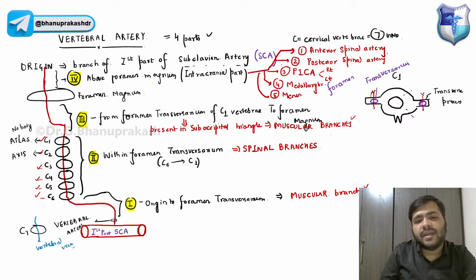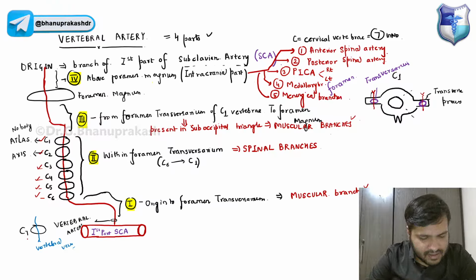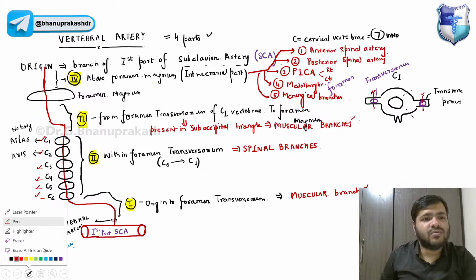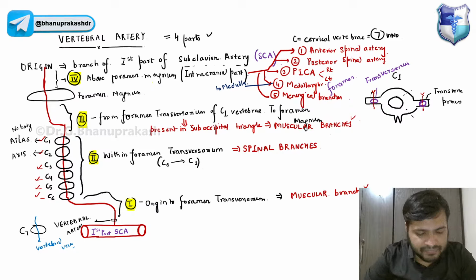These 5 branches are very, very important, guys. The medullary branches, obviously, will be supplying the medulla only, right? The meningeal branches will be supplying the meninges of the brain, which I will be discussing tomorrow.